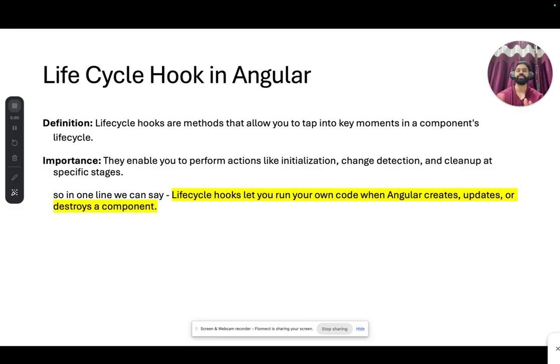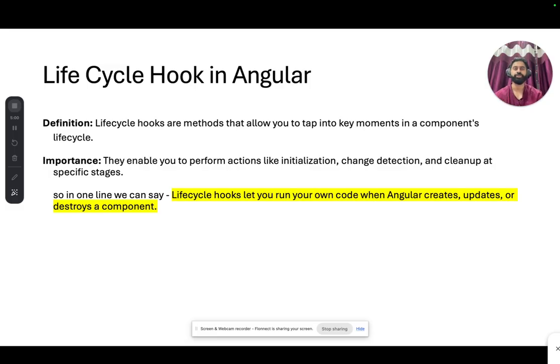If you see a definition, lifecycle hooks are methods that allow you to tap into key moments in the component lifecycle. They enable you to perform actions like initialization, change detection, and cleanup at specific stages.